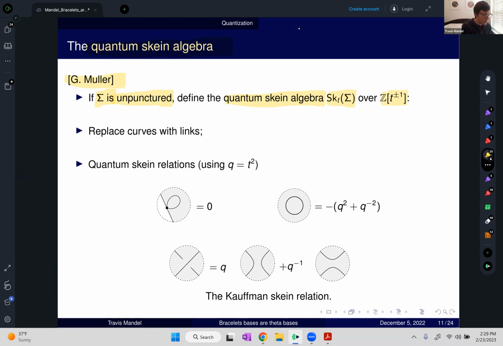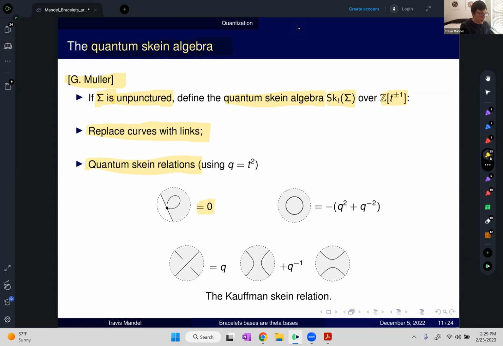So in this setting, instead of working with these immersed curves, we work with links, which basically means whenever 2 strands cross, you have to remember which one is on top and which one's on the bottom. And then the skein relations become these quantum skein relations. There's no punctures here, so we don't have the peripheral loop anymore. We still say that a contractible arc should equal 0.